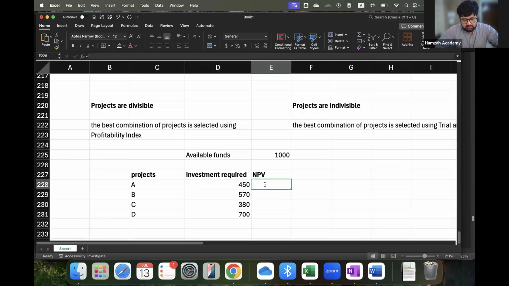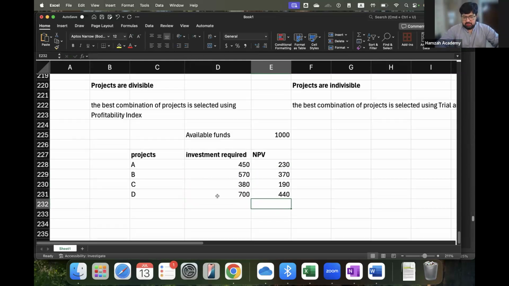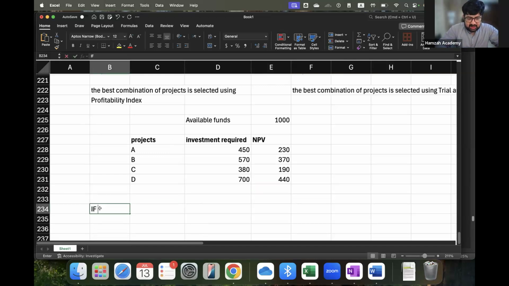NPV 230, 370, 190, and 440 NPV. So now, under both circumstances, if projects are divisible, then how to select a good combination?